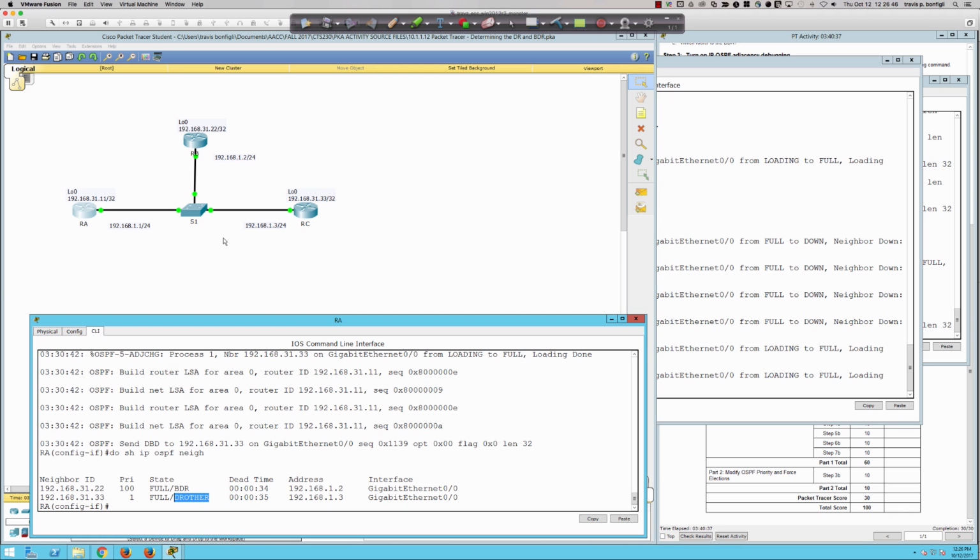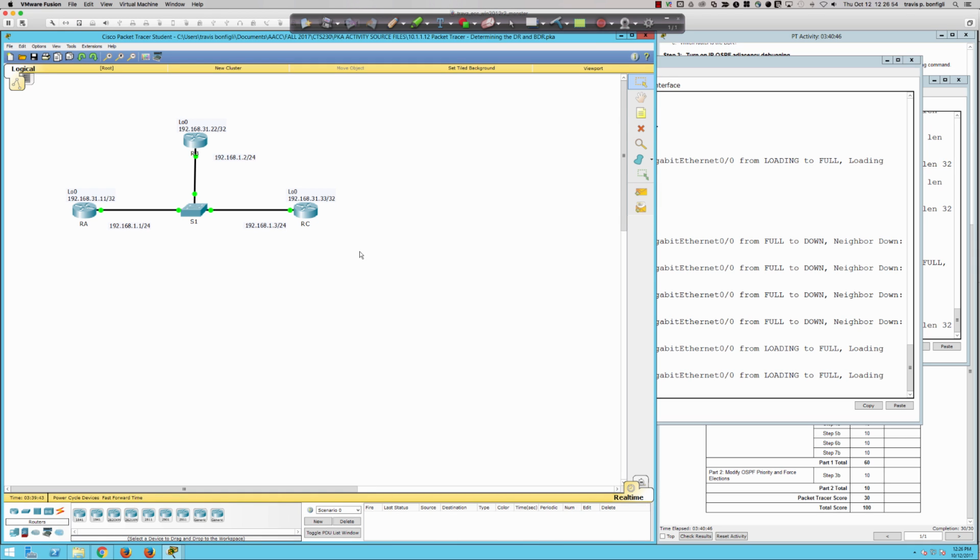And that pseudonode is virtual. Whoever's the DR, that's the pseudonode, right? And everybody's fully adjacent with that pseudonode, allowing OSPF to pretend that there are point-to-point links there so that SPF can do its calculation.